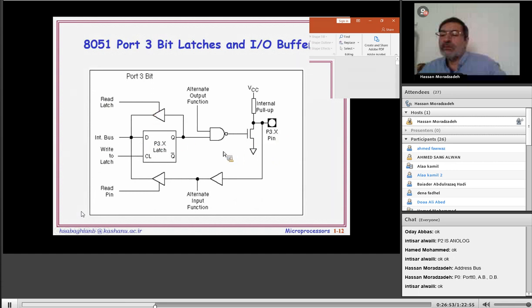Maybe for isolating this internal bus and this side, okay. For example, maybe this port is connected to the base of a BJT, or for example connected to a relay, okay. This structure is necessary for isolating between these two sections, okay.